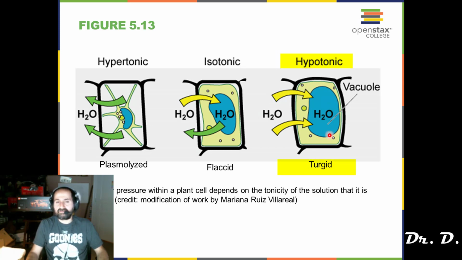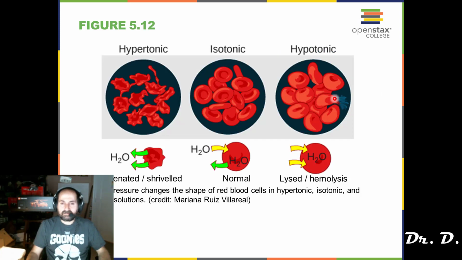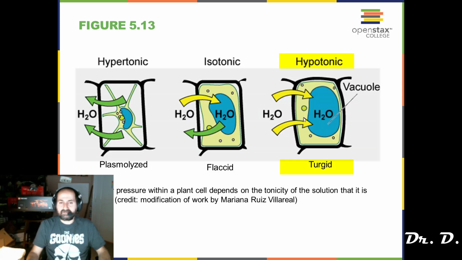And do you remember that central vacuole? It fills up with fluid as well, helping to build more pressure inside of the cells. And plants love this. They dig it up. And the reason they don't rupture, they don't blow up and lyse like our cells, is again because of this really super tough cell wall.